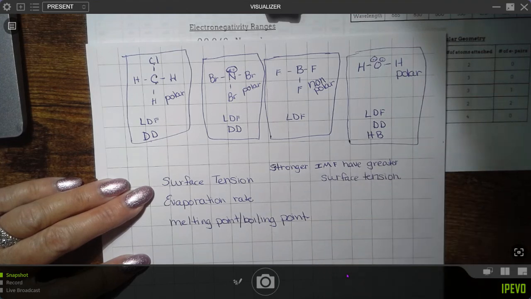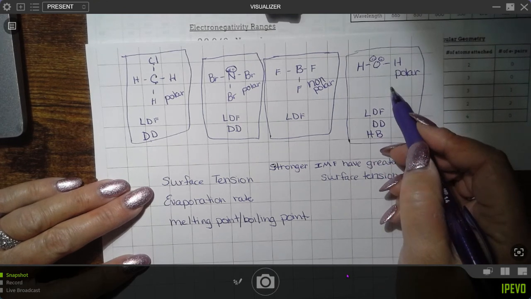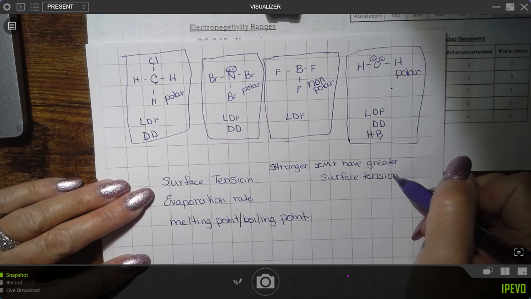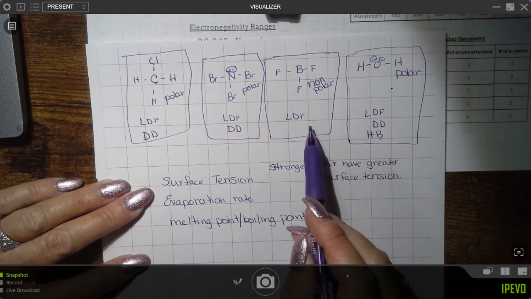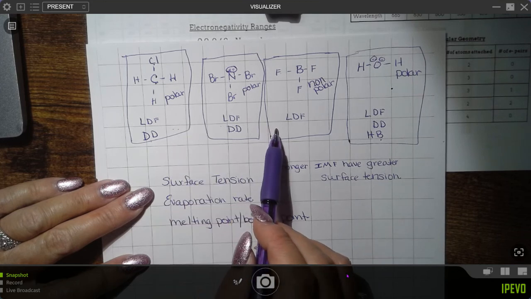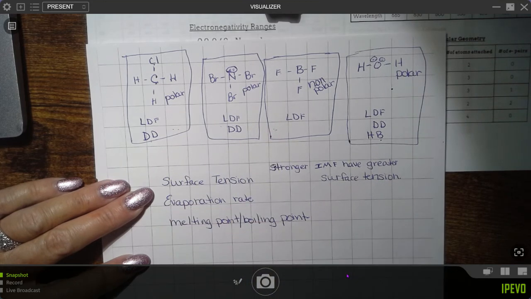That would mean that water, because it's got hydrogen bonding, would have the greatest surface tension. And then the 2 polar molecules would be next. And then LDF, the BF3, would have the weakest, the least amount of surface tension.